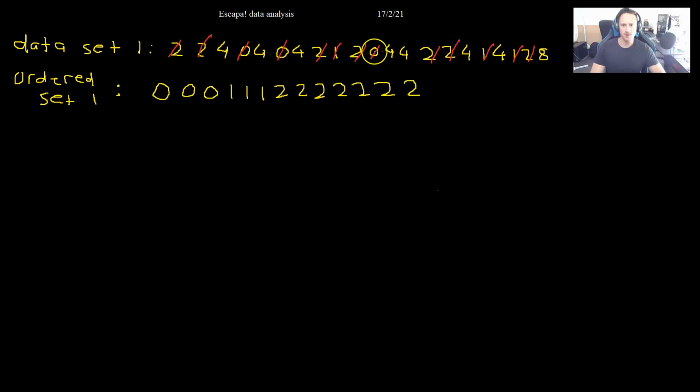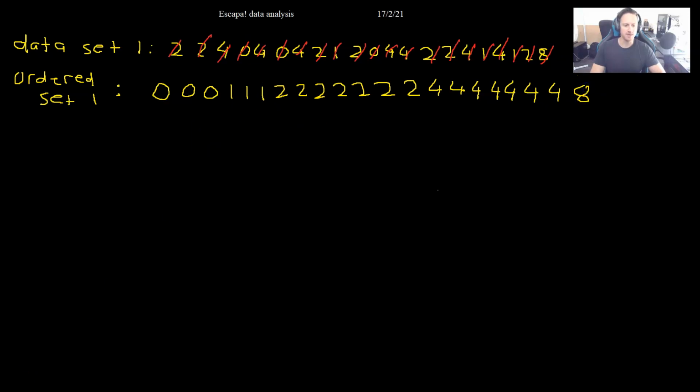There's no 3s in the data set. 4s, I've got 1, 2, 3, 4, 5, 6, 7 once again, so 7 4s. For my last number in the data set, there's no 5s, no 6s, no 7s, but there is an 8. So I'll put my 8. That's my ordered data set.